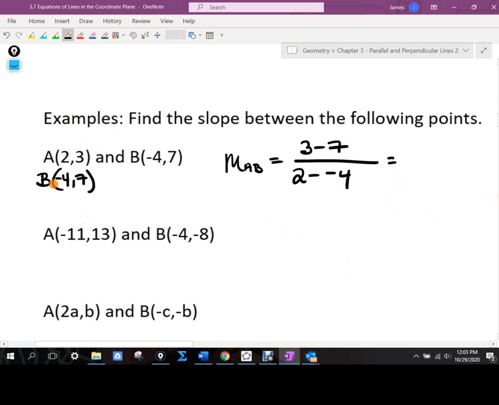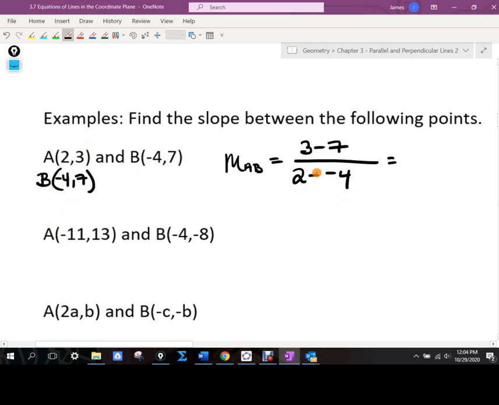Okay. Now, I like to write it down like that, especially if you're a person that misses these a lot. Write things down. Because what's the easiest thing to do here when I say 2 minus 4 or 2 minus negative 4? A lot of people change that to negative 2. Okay? Because they do 2 minus 4. But it's 2 minus negative 4, right?